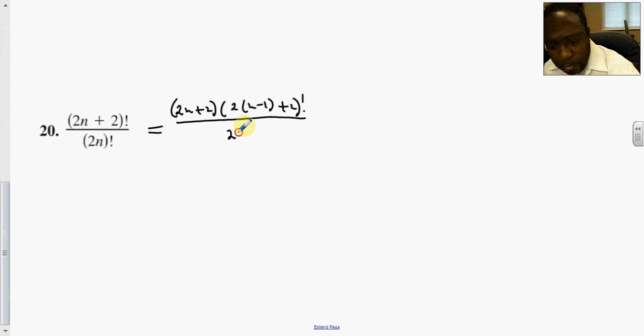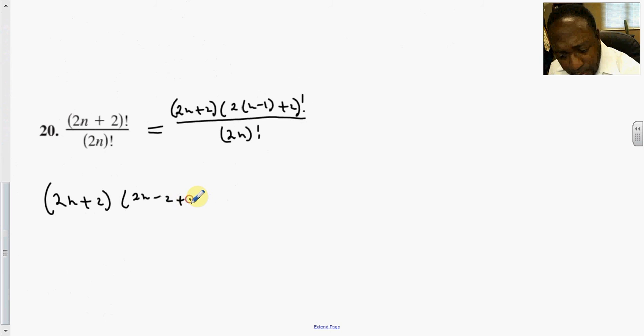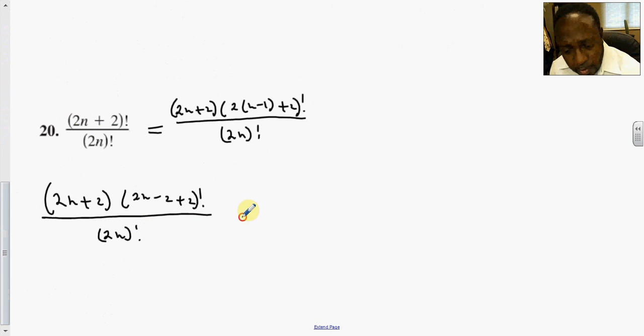And this is all over 2n factorial. So this is 2n plus 2, and this is 2n minus 2 plus 2, right? 2n minus 2 plus 2 factorial all over the 2n factorial.